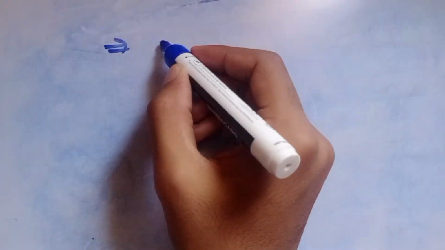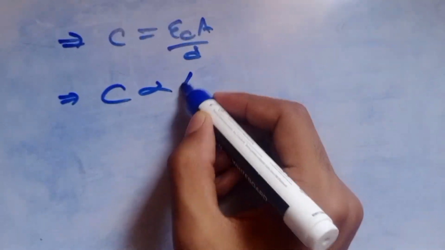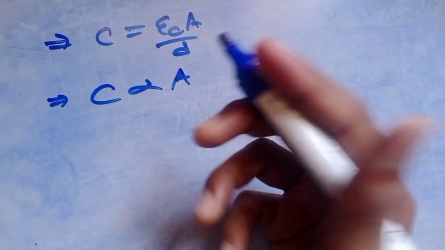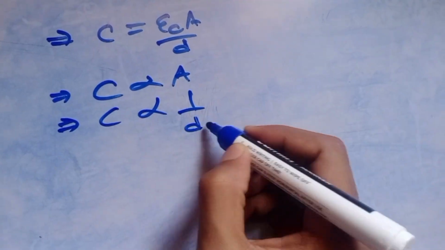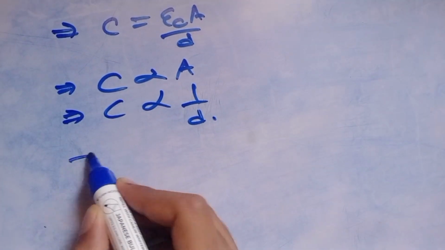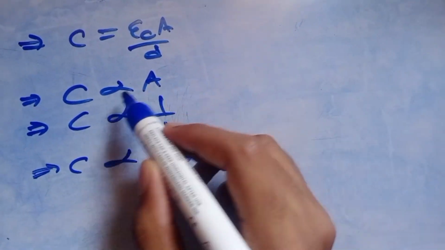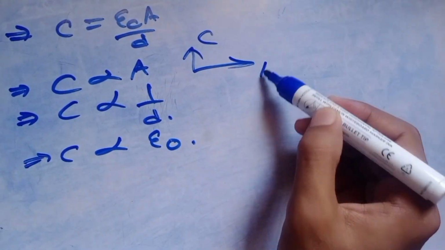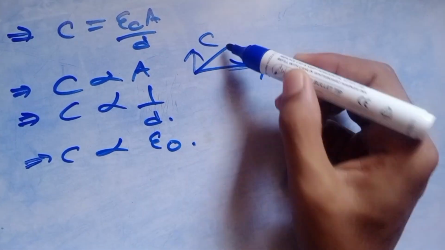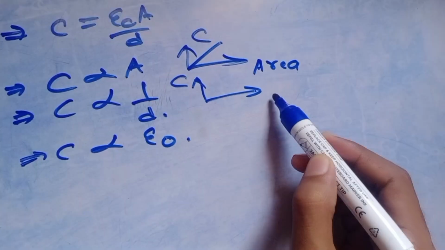Now C equals epsilon naught A by D, so capacitance is directly proportional to the area of the conducting plate, C is inversely proportional to the distance between the plates, and C is directly proportional to epsilon naught. The graph of the first equation, C versus area, is this, and the graph of the second equation, C versus distance, is this.